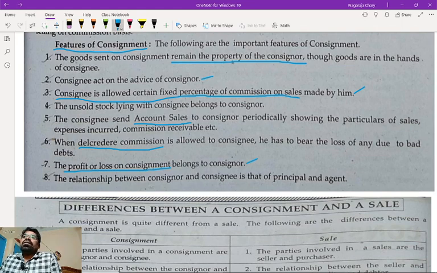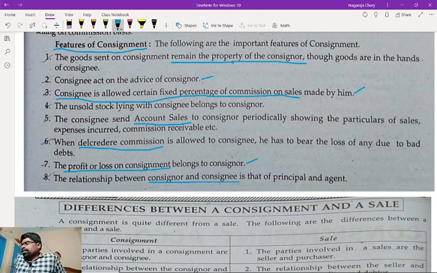Okay. Next, the relationship between consignor and consignee is principal and agent relationship, debtor and creditor relationship. So he has to give, he has to take. That is the relationship between these two persons. Consignor and consignee relationship is principal and agentship.